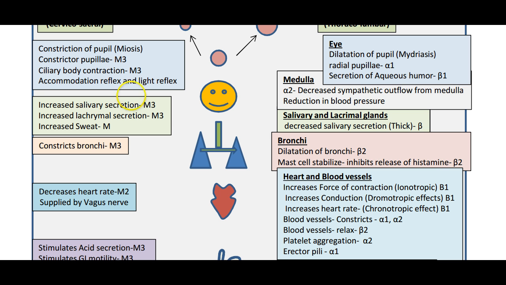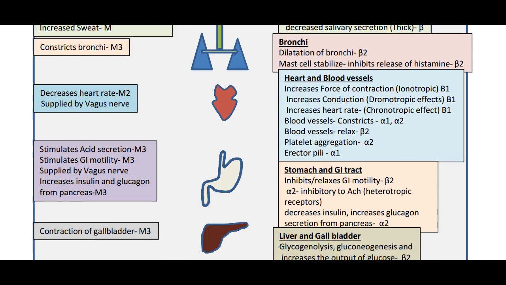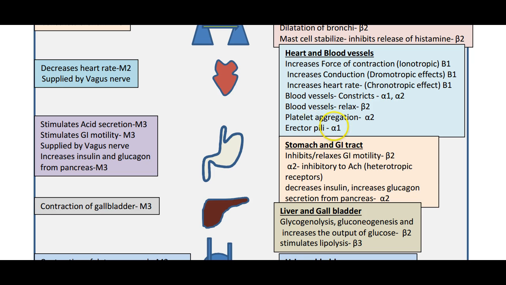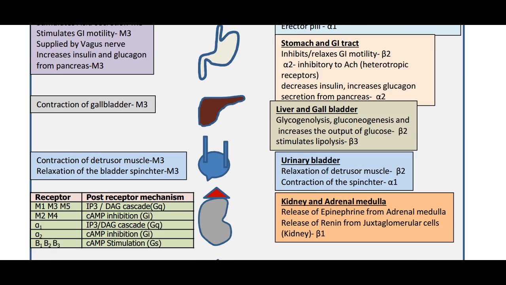Now let's talk about the location of the alpha 1 receptors. Alpha 1 receptors are also present in the smooth muscles, and their major action is contraction of these smooth muscles. For example, they are present in the radial pupillae, where they cause contraction of the radial pupillae muscle. They are present in the erector pilae smooth muscles, and they cause contraction.